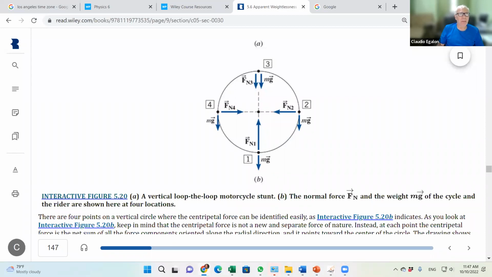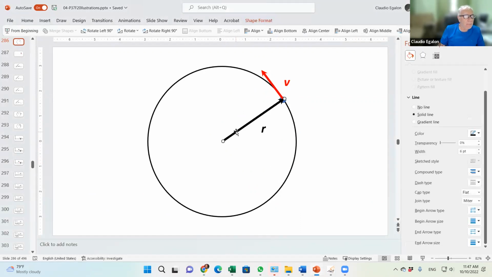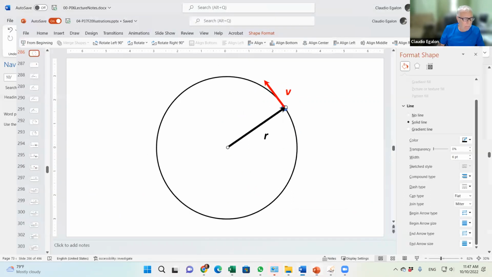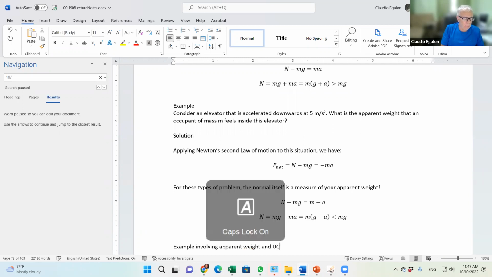Okay, so here you go. I'm going to formulate the problem here. Another example: an example involving apparent weight and uniform circular motion.